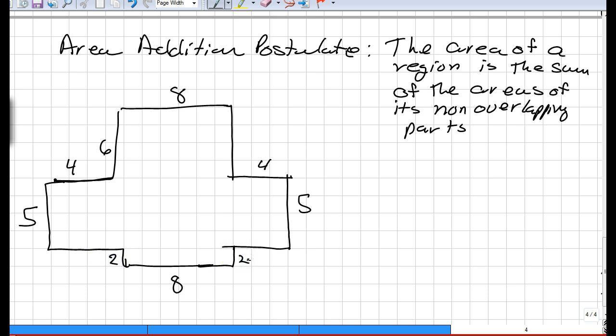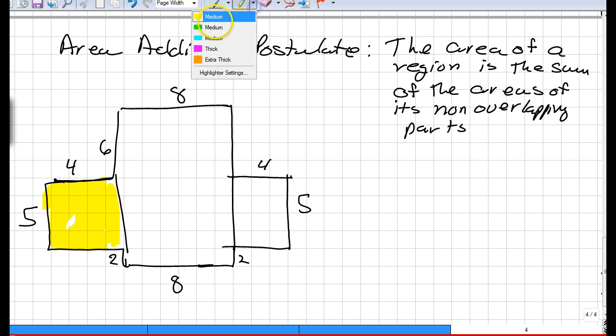Okay, and so we can divide that up into 3 regions, okay, where this is one region. That is a rectangle that is 4 by 5. This is another region.